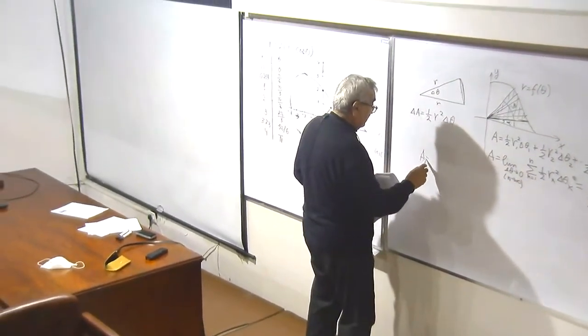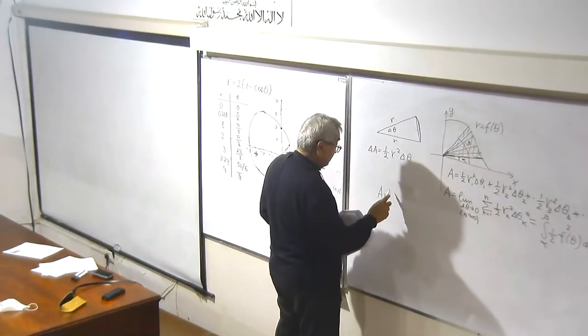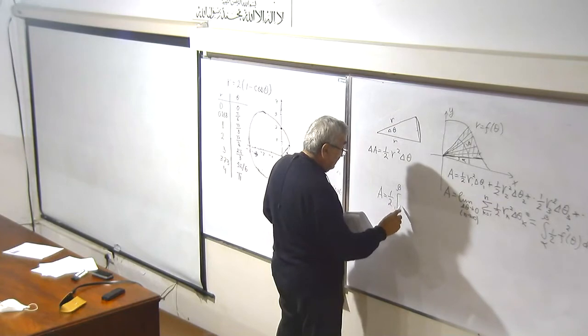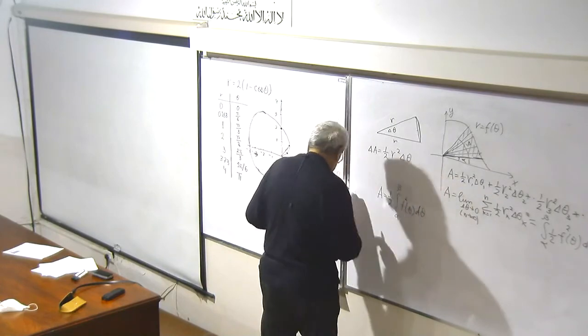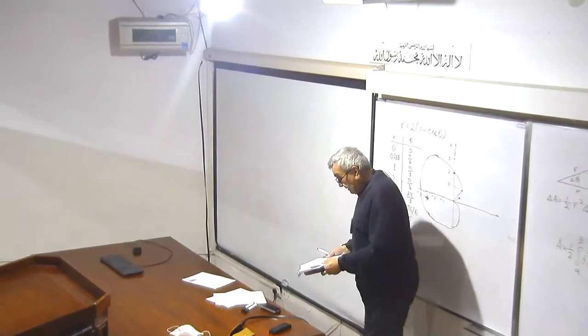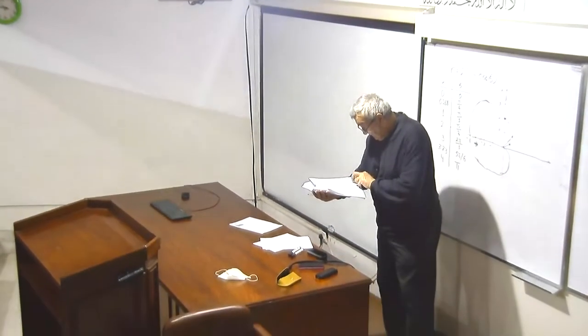The area enclosed by these sectors equals 1 by 2 integral from alpha to beta f theta square d theta.